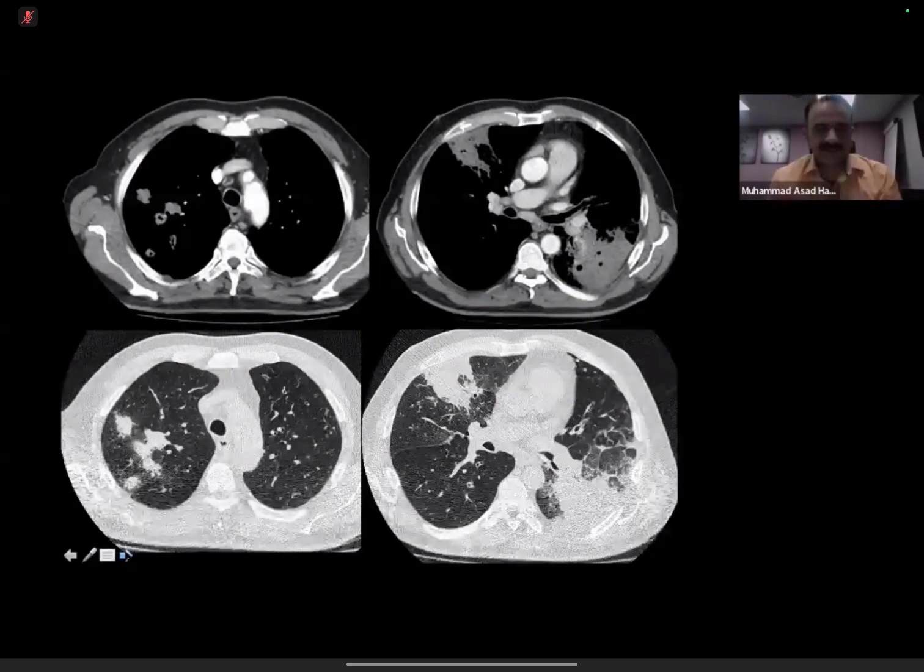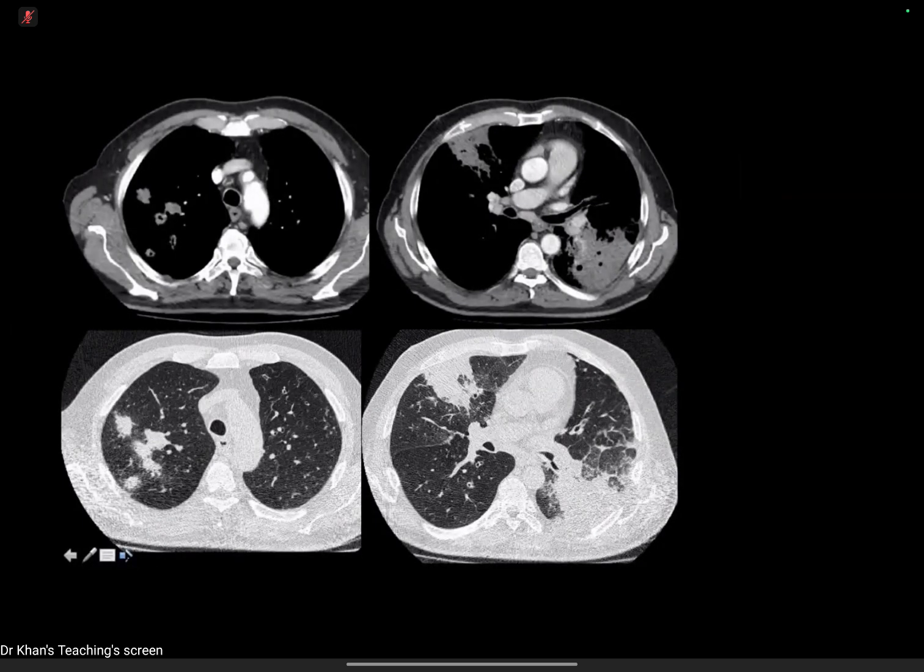This is the next investigation done for you. So again, what we've got are soft tissue and lung windowed CT reconstructions through the chest. And there are right-sided pulmonary nodules with irregular borders, some of which show some cavitation or low density within.